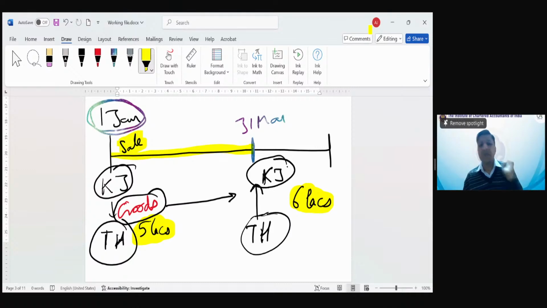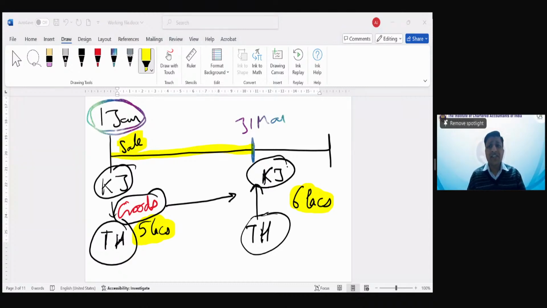And after 3 months, KJ is saying, I'll get my goods back and I'll pay this 5 lakhs back along with an interest of 1 lakh. Can we say that or not? In essence, it appears to be a loan transaction. Yes or no? In essence, it appears to be a financing transaction.